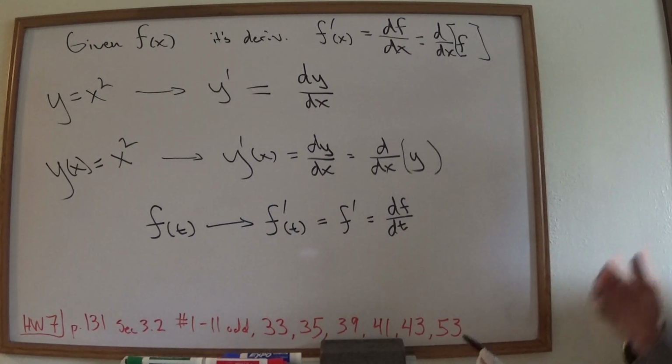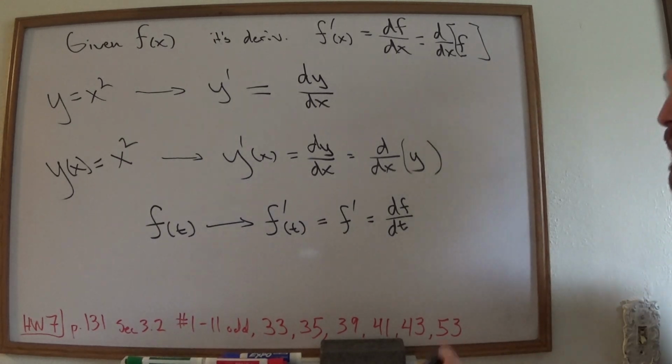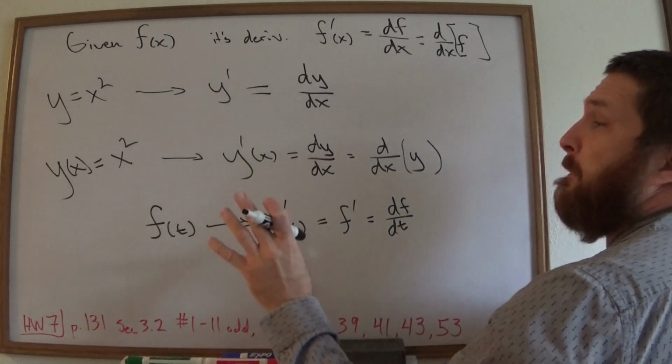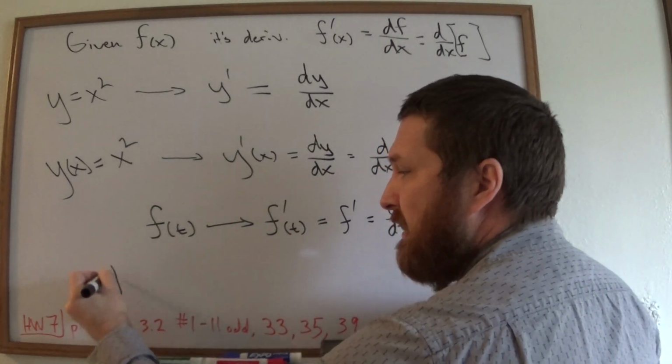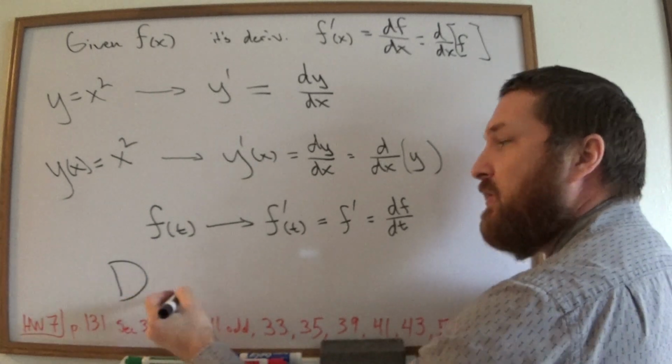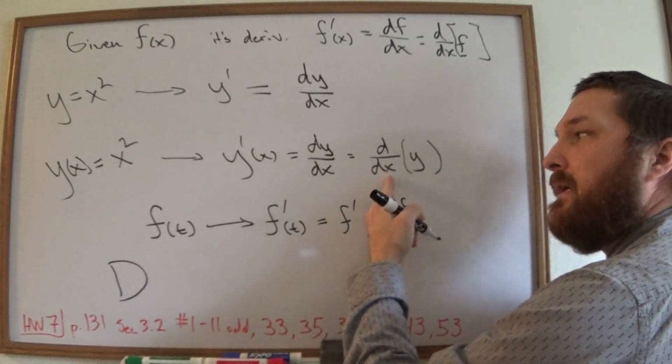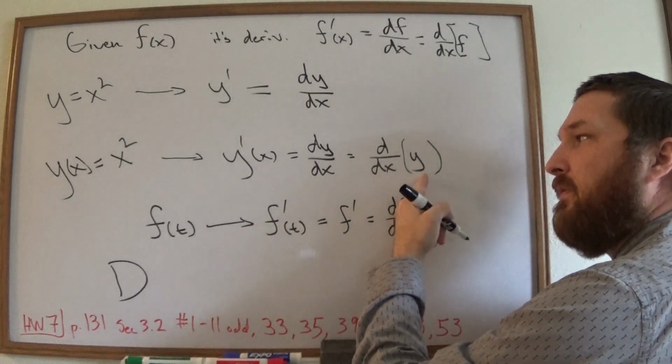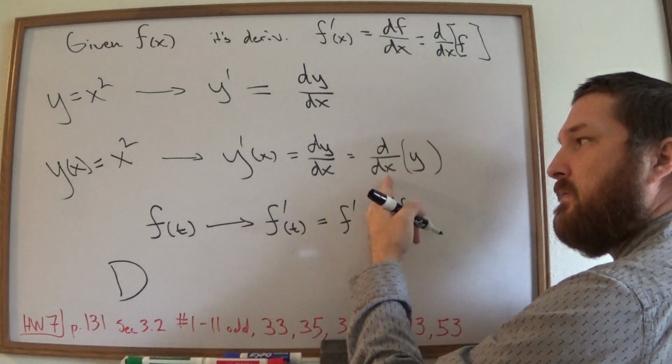Okay, but another thing, here's yet another thing. The capital letter D itself can be used kind of like this. This says take the derivative of y with respect to x, right here.